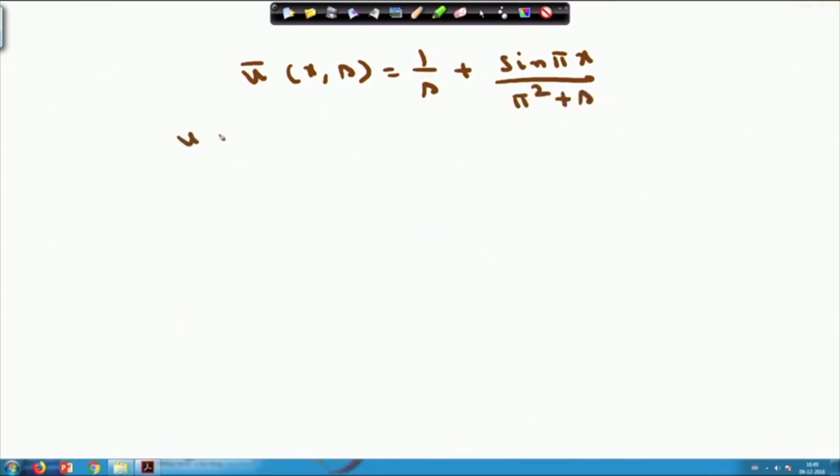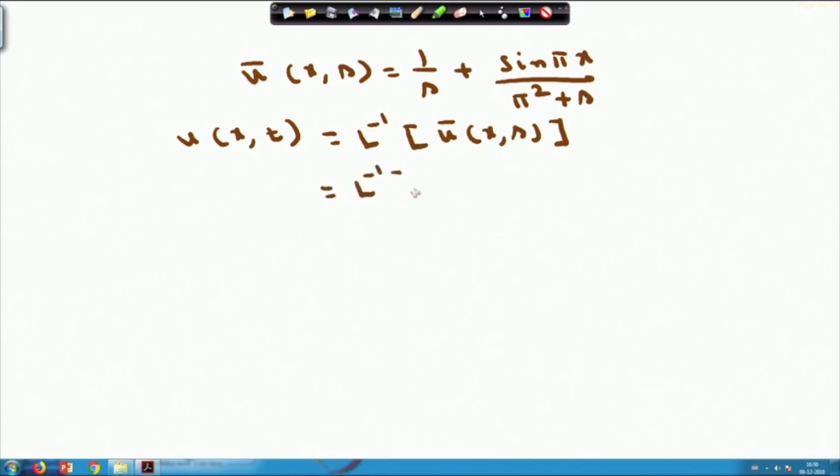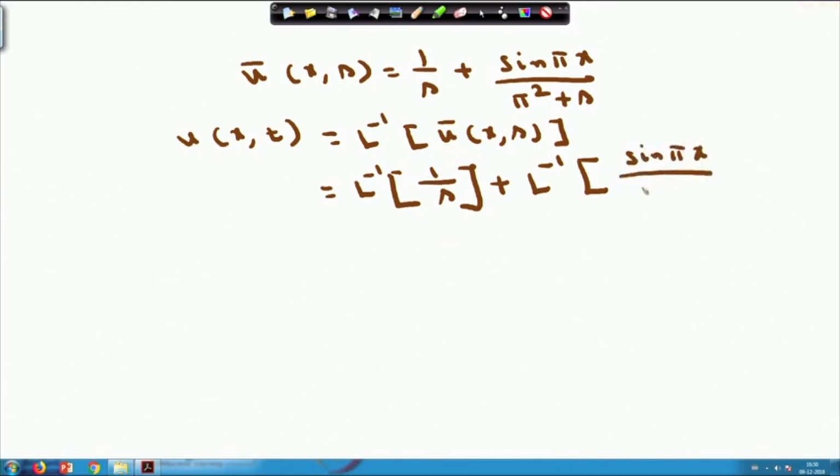So, your u x t is nothing but Laplace inverse of u bar x s. Laplace inverse of u bar x s means Laplace inverse of 1 by s plus Laplace inverse of sin pi x by pi square plus s.